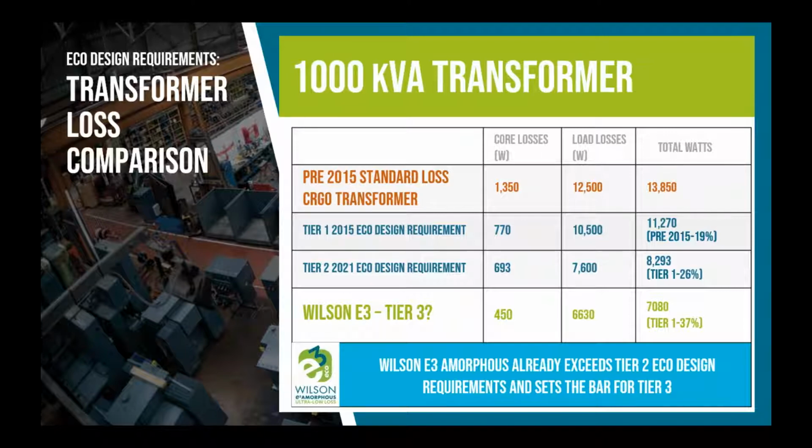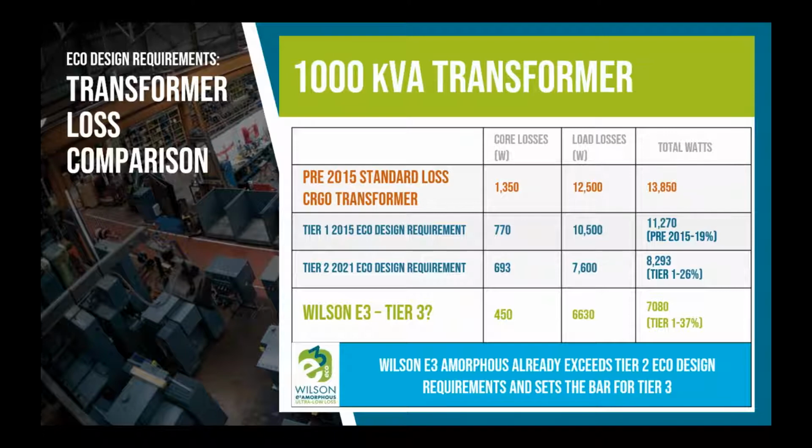So even just from 2000 until 2015, Tier 1 managed to reduce those losses by 19%. But then Tier 2 is being introduced now and will become effective from July this year. That is 26% less losses compared to Tier 1.